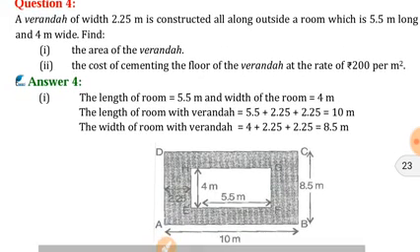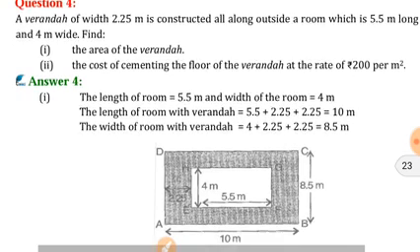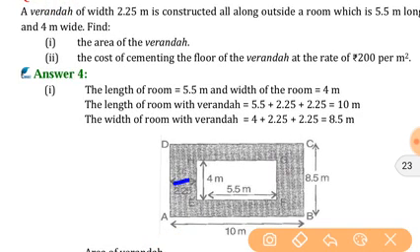So here the veranda is of width 2.25 as we have done. This is 5.5, this is 4. So 5.5 plus 2.25 plus 2.25 is 10, and 4 plus 4.5 is 8.5.